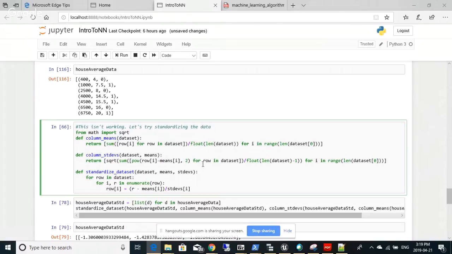Okay, so standardizing the data essentially is just getting the column averages and the column standard deviation, and then taking the difference between your data set and the mean, over the standard deviation, which will get you close to 1.